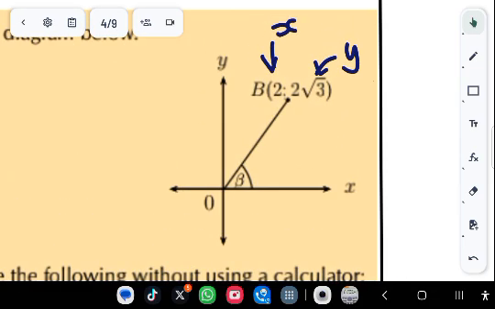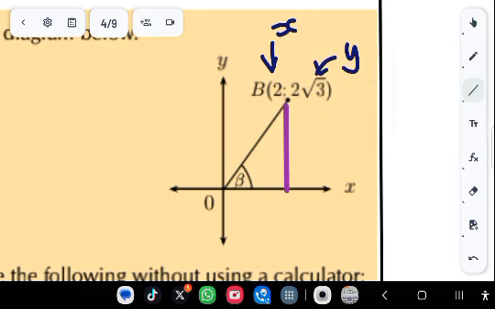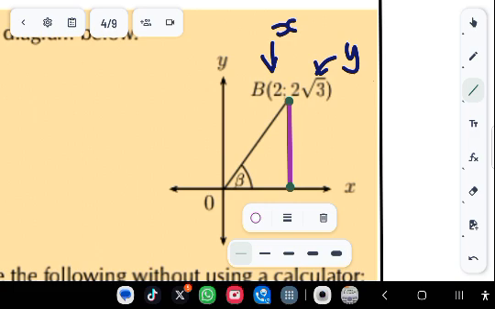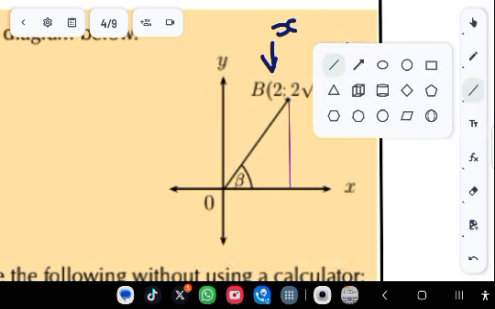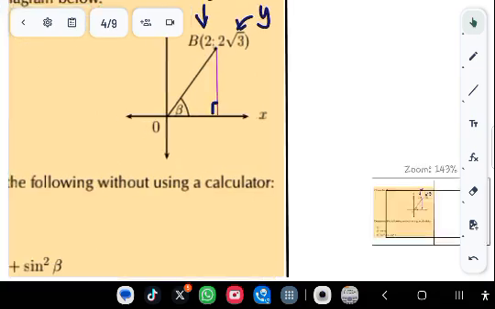This can form a right angle triangle. Whenever you have a right angle triangle, you're going to be using the theorem of Pythagoras. You need to keep that in mind, because that's what we are dealing with here.